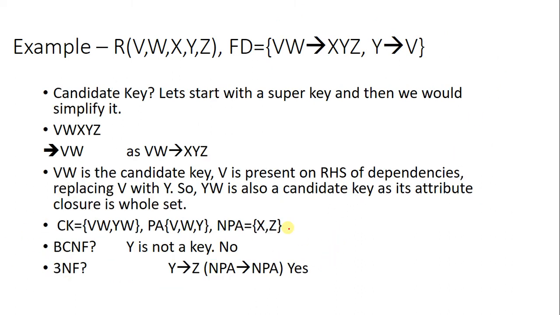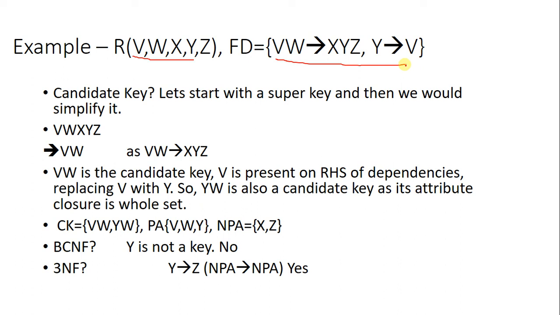Next we see another example. Let's say here we have a relation with these 5 columns and these dependencies, and first of all we determine the candidate keys.